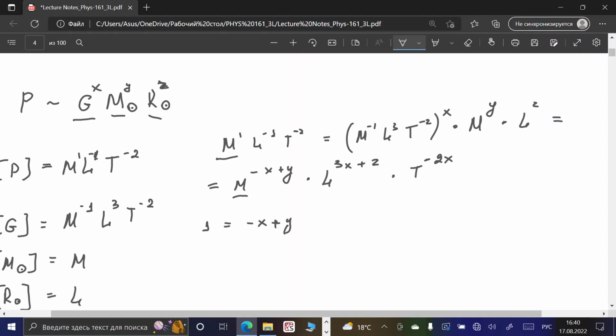So second will be length. For length we have -1 equal to 3x plus z. So this is our L here and here. And now let us check for T, for time. That will be -2 equal to -2 times x.